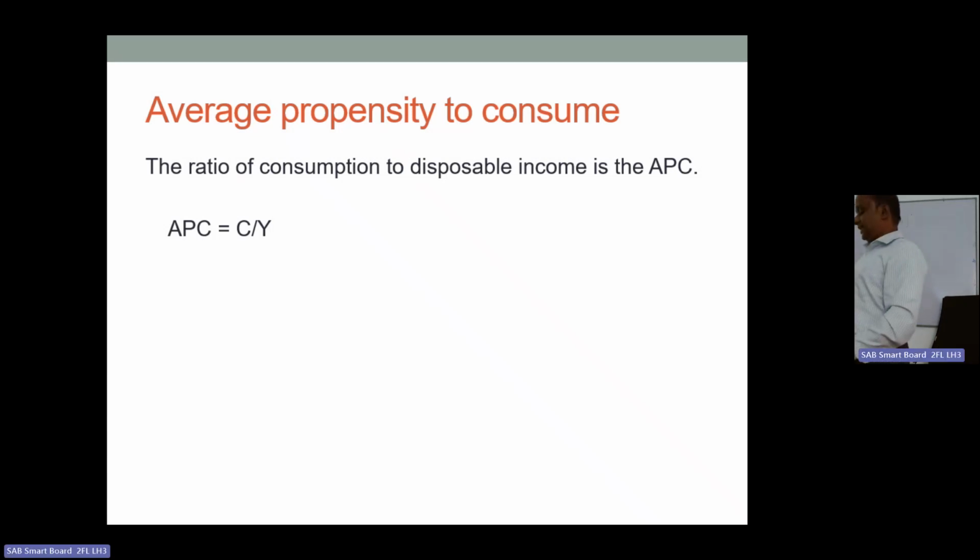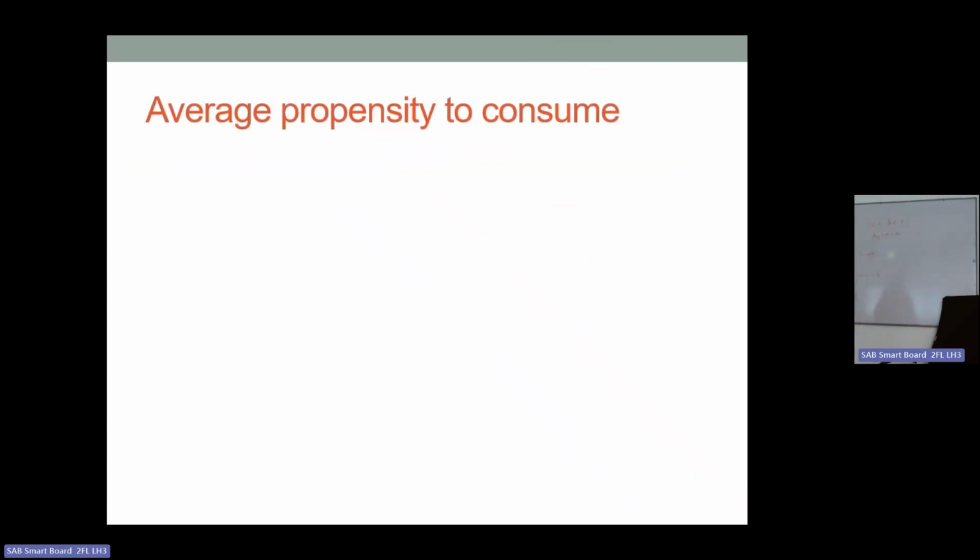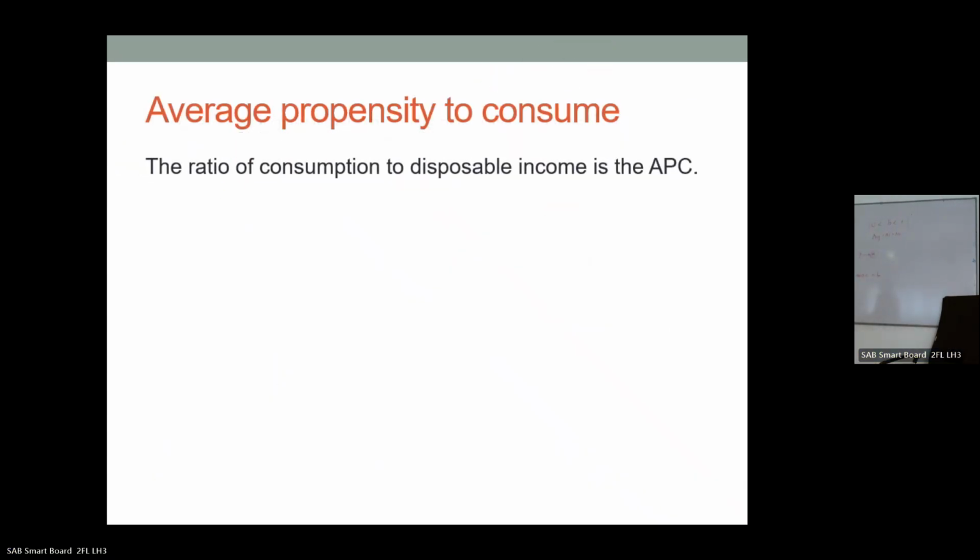So, come to the lesson. Earlier we talked about the consumption function, and we identified its scope. When we talk about the consumption function, another concept we identified is the average propensity to consume, APC.